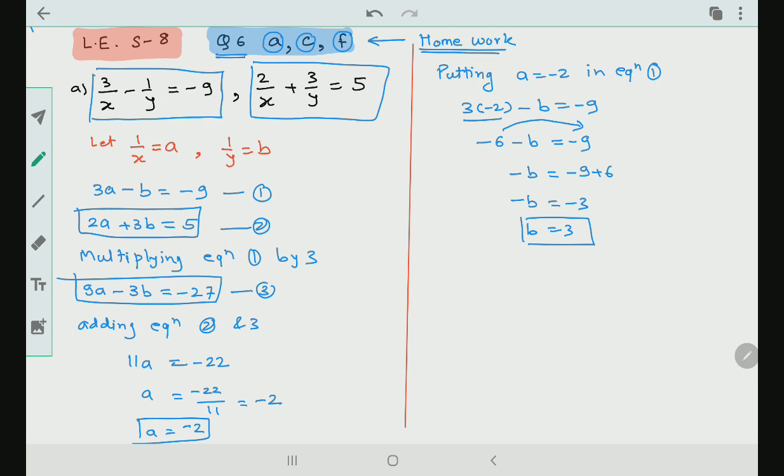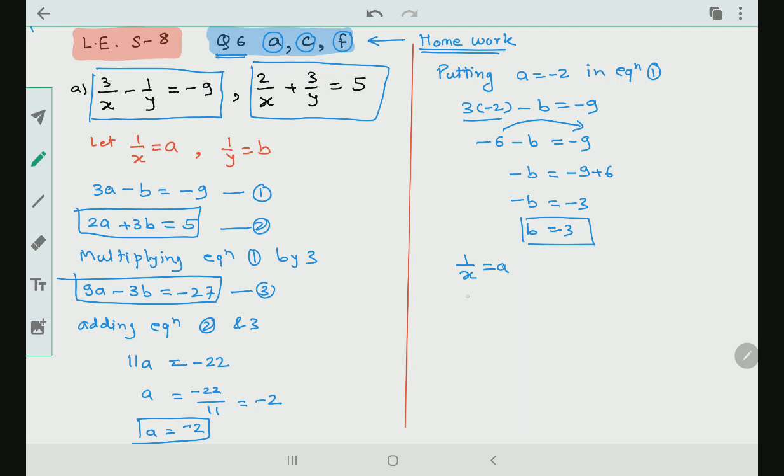But one thing you should understand, we are asked to find the value of x and y, not a and b. Right? So how can I get x and y then? Okay, I can resubstitute the value. I mean to say, 1 upon x is equal to a. Correct?